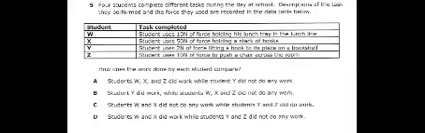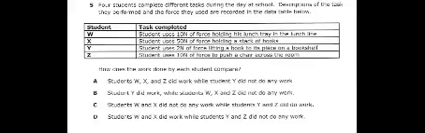Student Y: student uses 2 newtons of force lifting a book to its place on the bookshelf. Z: student uses 10 newtons of force to push a chair across the room. How does the work done by each student compare? A. Students W, X, and Z did work while student Y did not do any work.